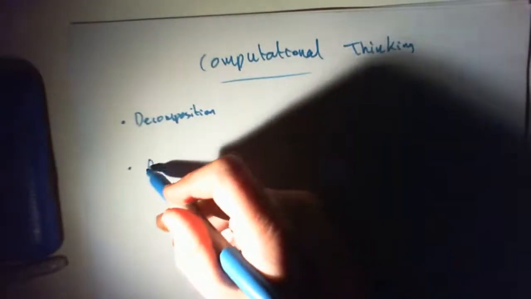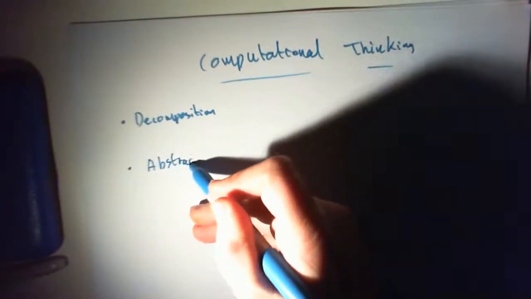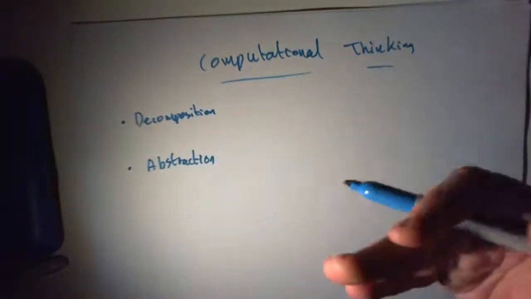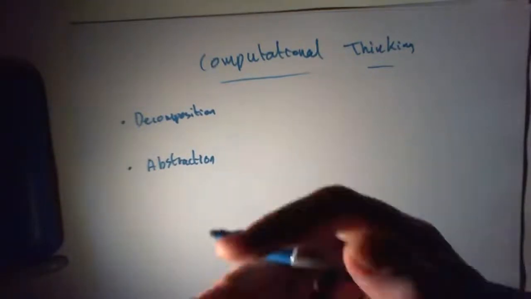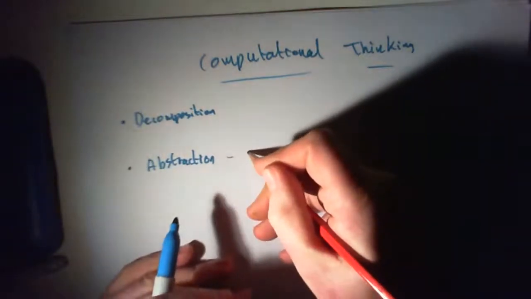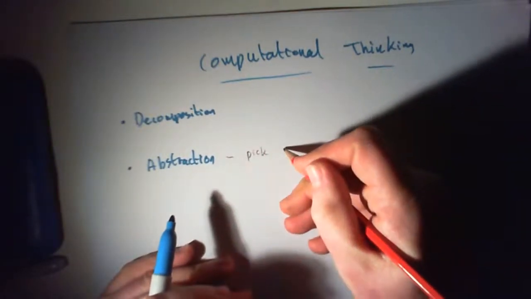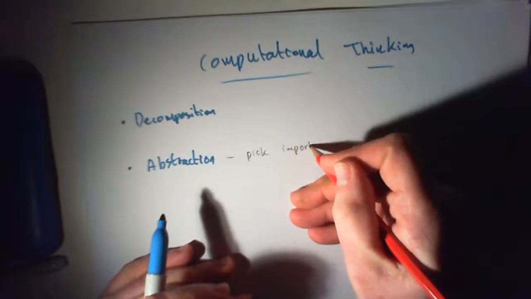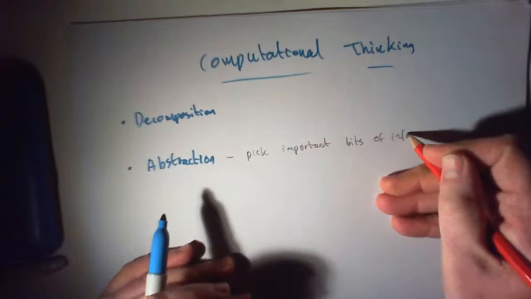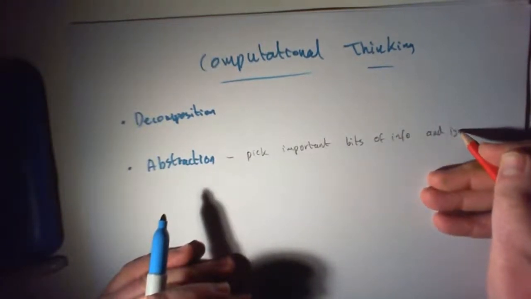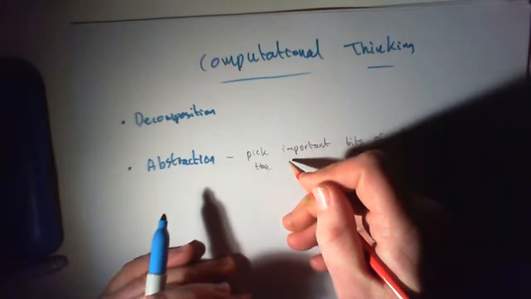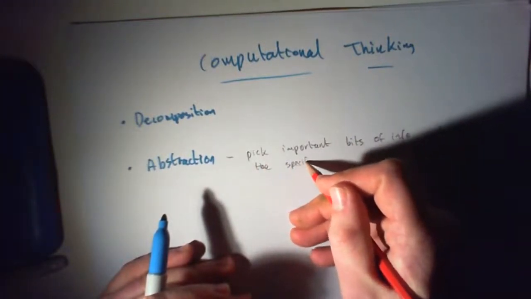And then you've got to look at the idea of what's called abstraction. Now, what does abstract mean? It means something out of the normal. Abstraction is picking the important bits of information that are relevant to any problem and ignoring the specific details.